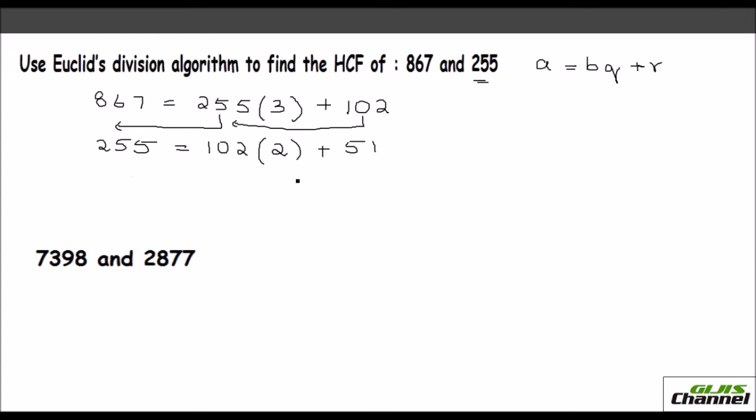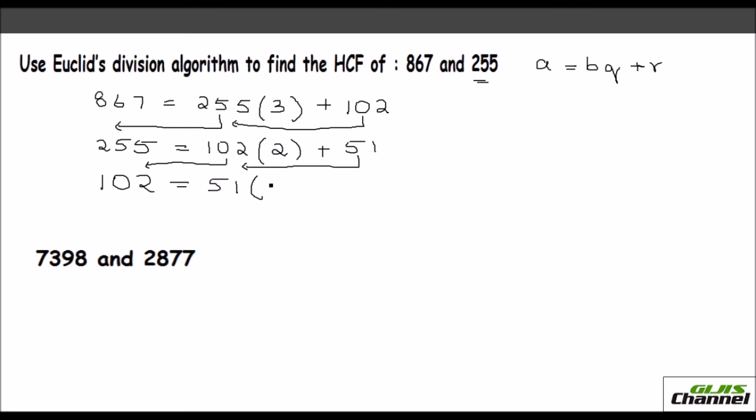Next step, bring the 102 to the left side of the equal sign, and this 51 should come here. So what happens? This time it is 51 times 2.